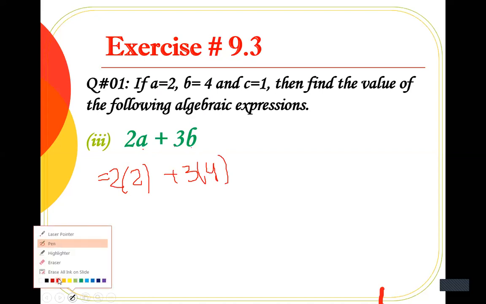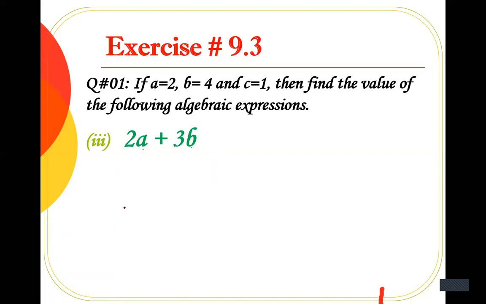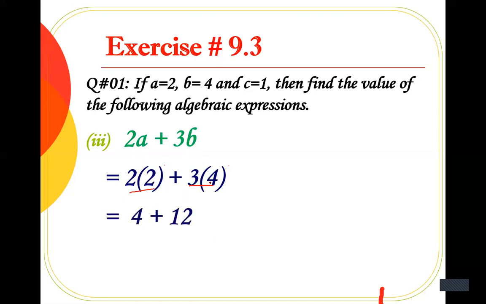This is the correct way. Here you have no exponent, so you will simply multiply these numbers. 2 multiplied by 2 will become 4 and 3 multiplied by 4 will become 12. So 4 plus 12 will become 16.